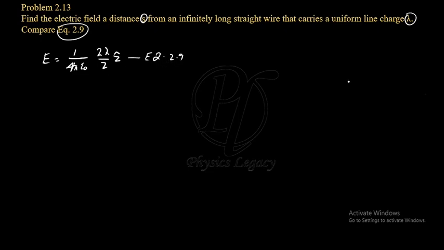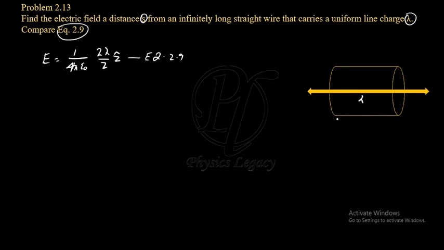So consider we have an infinitely long straight wire that has uniform line charge density lambda. To calculate the E field, we need to imagine a Gaussian surface with symmetry, that is a coaxial cylinder in this case. Coaxial means having the same axis.